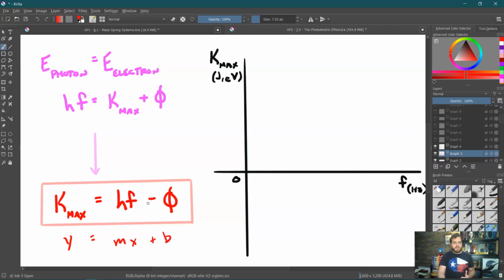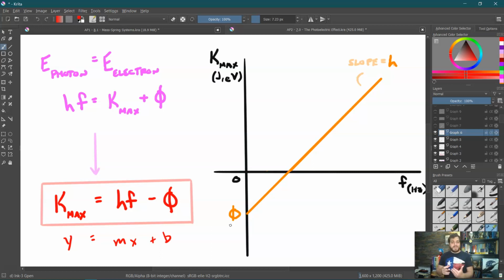This is my y-coordinate, f is my x-coordinate. So if I plot this, I'm going to get a straight line where h is the slope of this straight line. So Planck's constant would be the slope. And the y-intercept, which notice is negative here, will be the work function. So if I find this y-intercept, that tells me how much energy an electron needs to absorb to escape the metal.